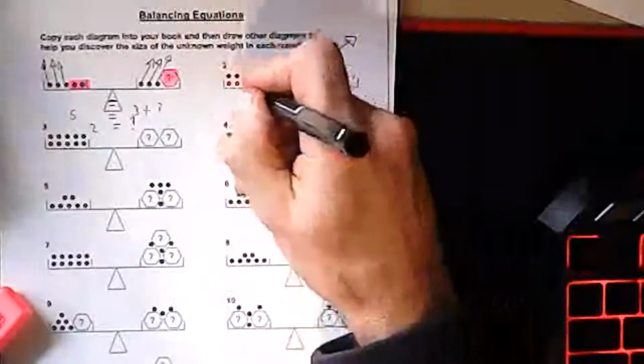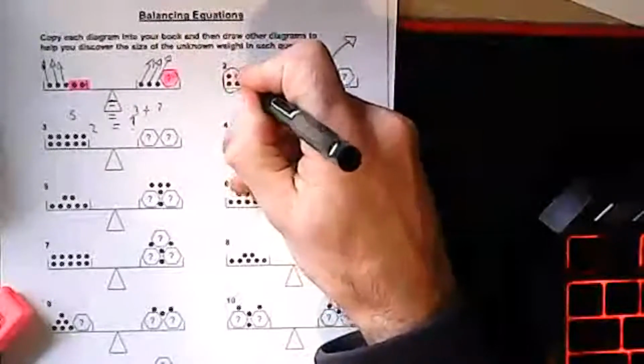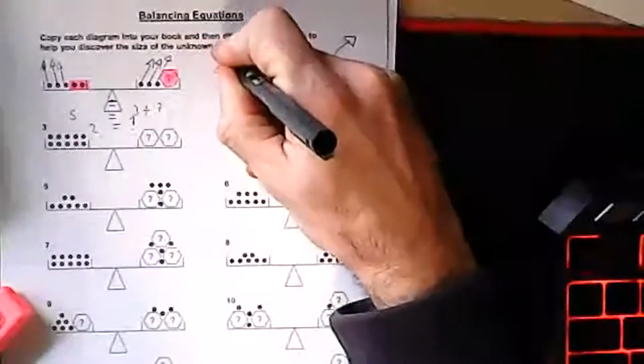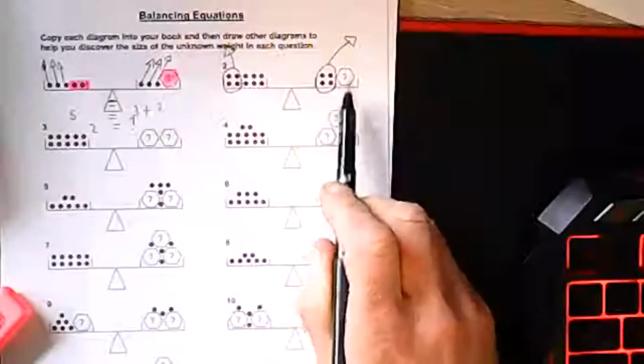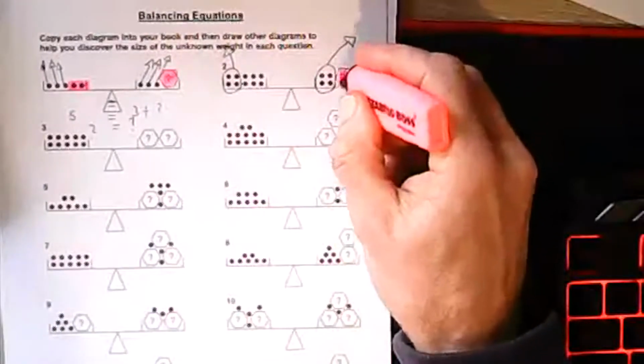So to compensate, we need to do exactly the same thing to the other side. So therefore I'm going to take 4 away from that side. So what I'm left with is a question mark equals 6.